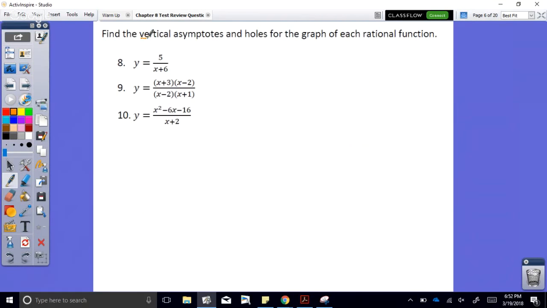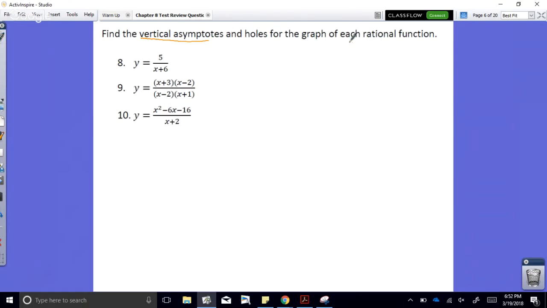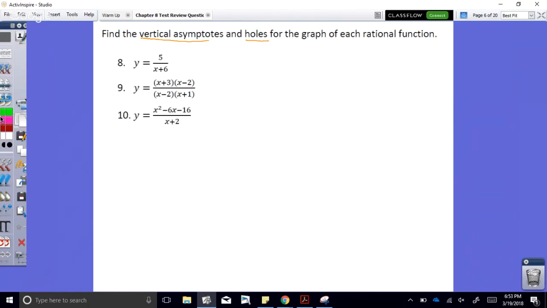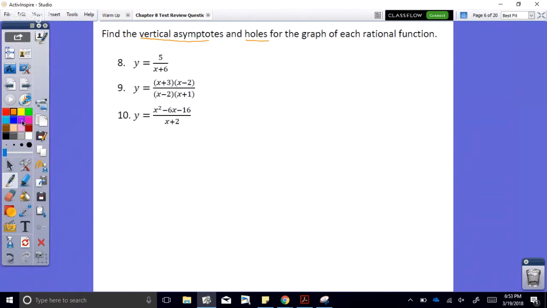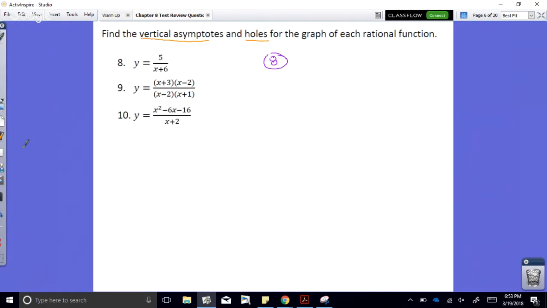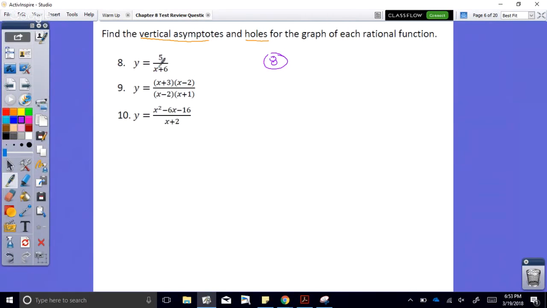Okay, the next couple problems ask you to find the vertical asymptotes and the holes for each of the rational functions. So similar to what we were doing before, but we just have to look at discontinuity and then talk about what kind. So again, a reminder, discontinuity comes from the denominator.